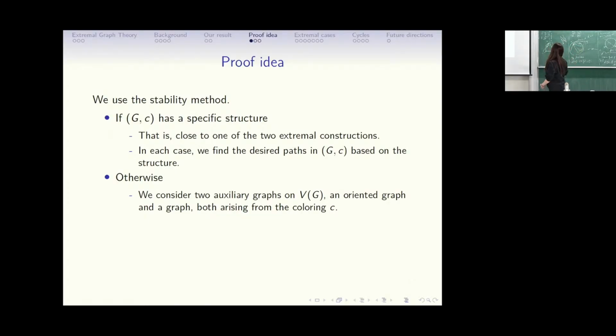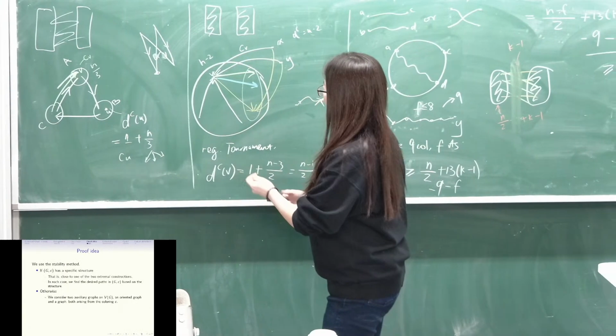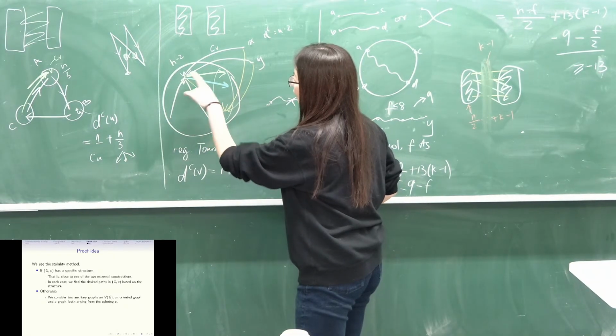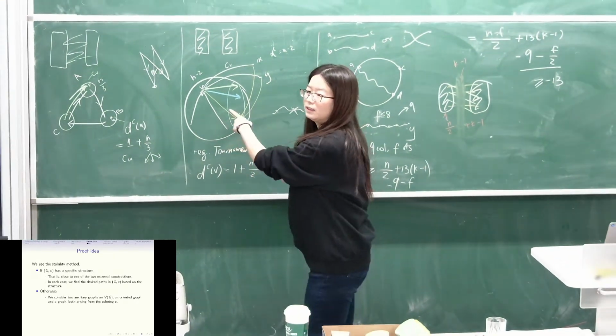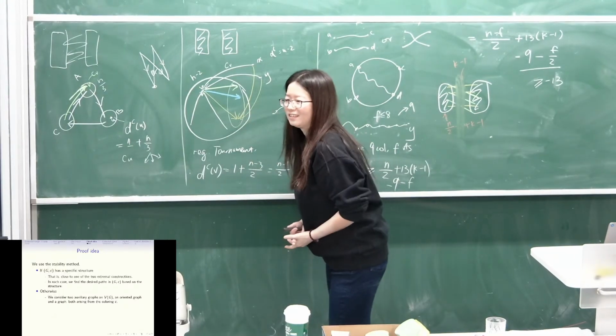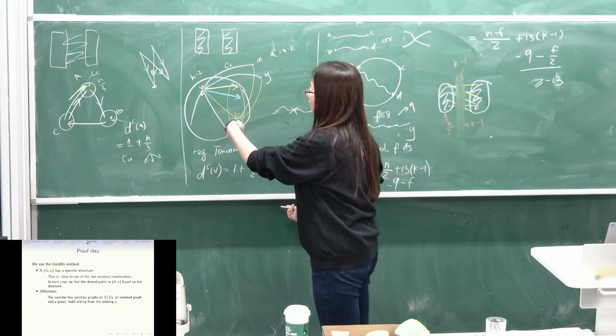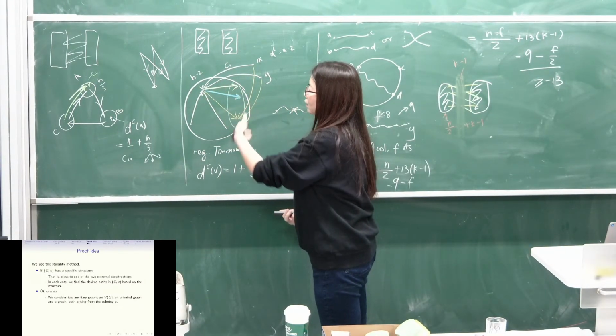Otherwise, if the graph is not close to the extremal case, then we regularize it. Here, if we stay at one vertex, then all the outgoing edges, just in this example, are in distinct colors. That means I'm going to have a lot of choice in the outgoing edges.